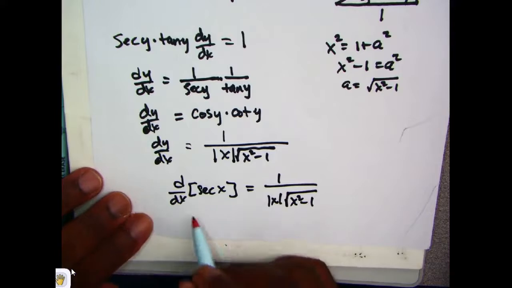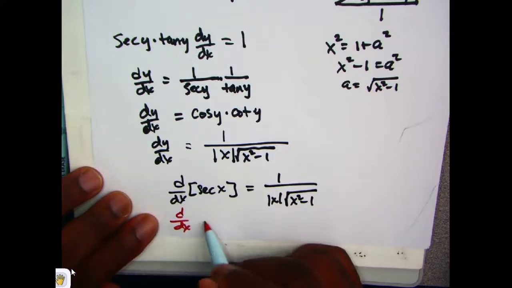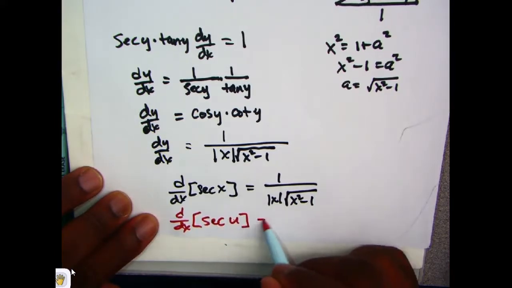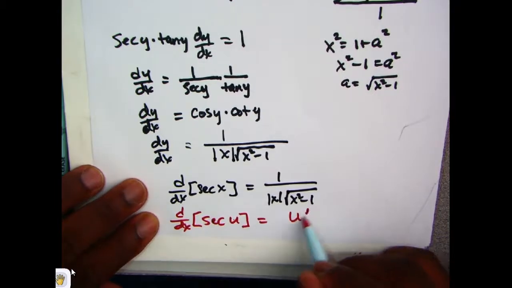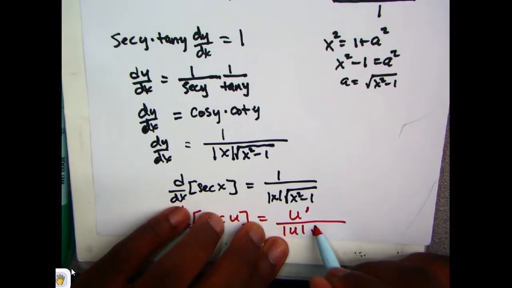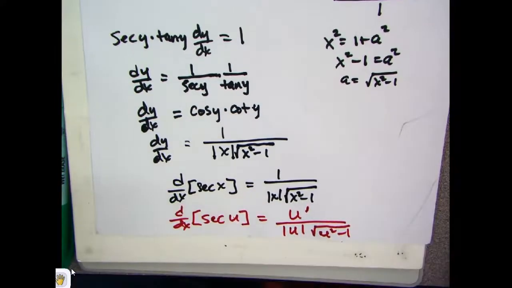And our derivative of secant of u is going to be u prime over absolute value of u, square root of u squared minus 1.